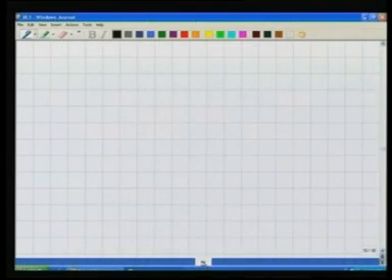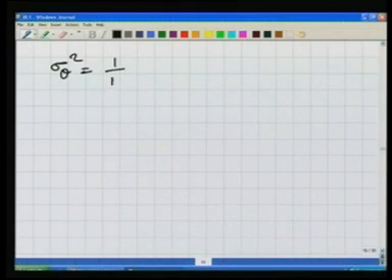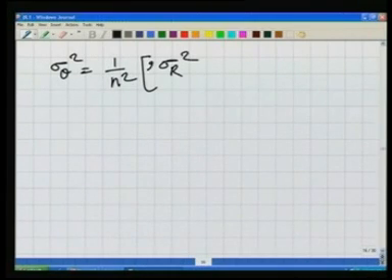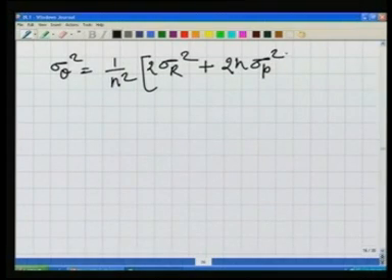So we can write sigma theta square as 1 by n square, sigma r square, of course twice of that, plus 2n sigma p square.